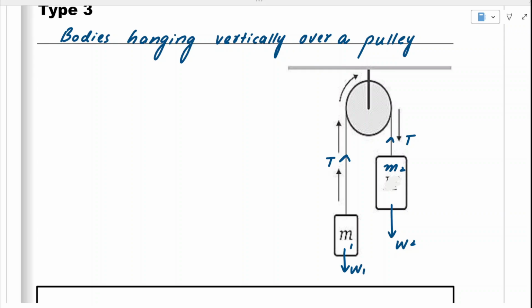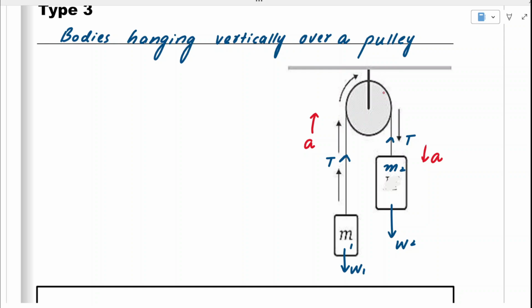And what else do we have? Yeah, that's pretty much it. The direction of acceleration is upwards from the left side and downward from the right side. How do we know? From the given direction of motion.